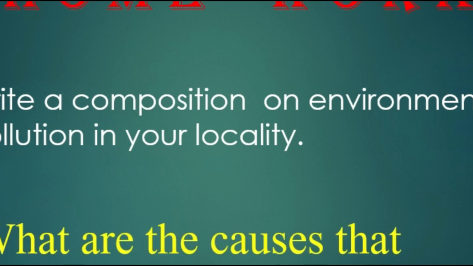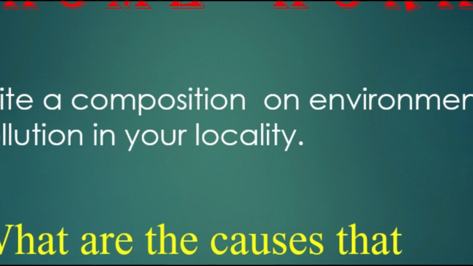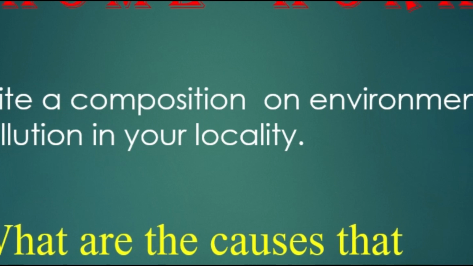Yes. What are the causes that pollute air, water and soil? You will write separately the causes of air, the causes of water, the causes of soil, and every point you will write with 3 or 4 sentences. Then you will see that it has made a good figure of your composition.